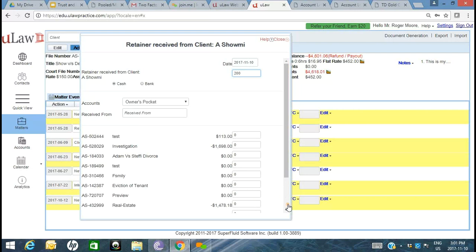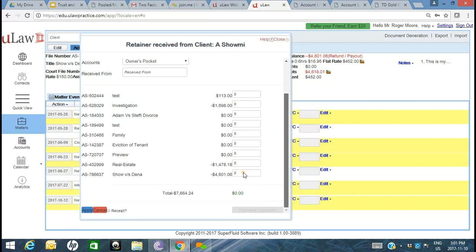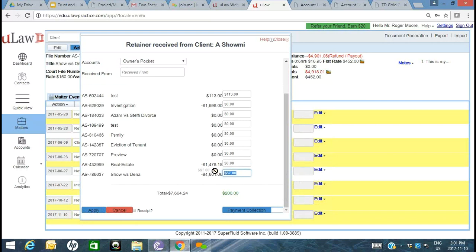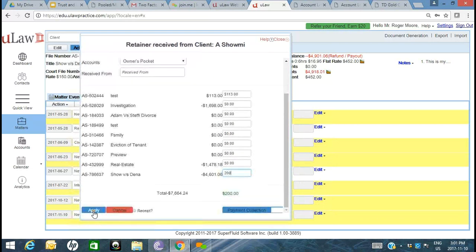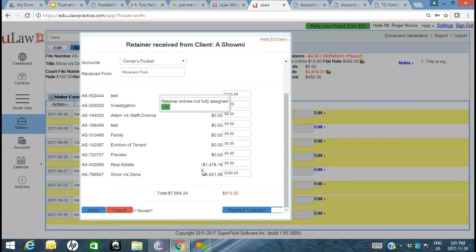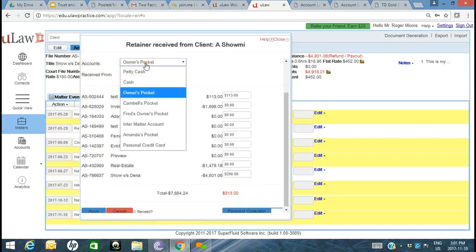And you do another retainer for $200 as cash. You'd say new retainer, same date, because it's kind of happened right away. And now this time you say cash.